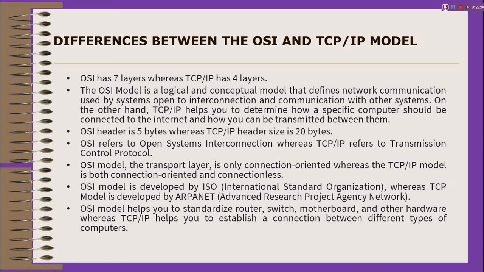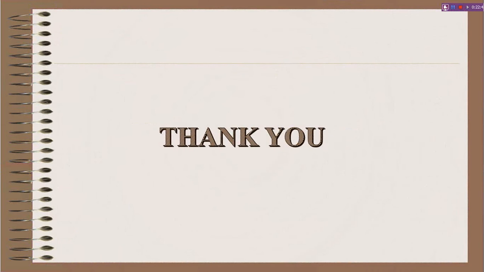The OSI model is developed by ISO, International Standards Organization, whereas the TCP/IP model is developed by ARPANET. The OSI model helps you to standardize routers, switches, motherboards and other hardware, whereas TCP/IP helps you to establish connections between different types of computers. So these are some differences between the OSI model and TCP/IP models.